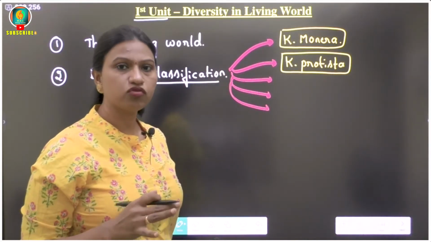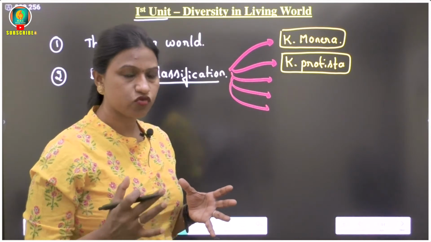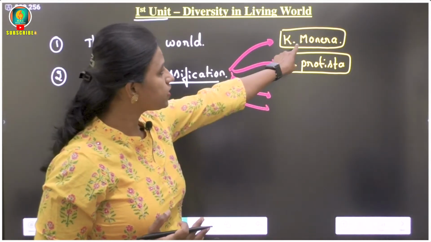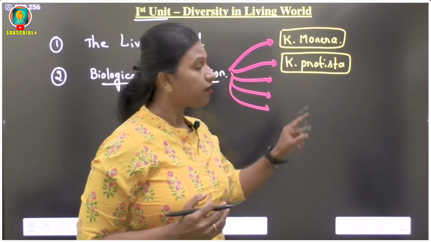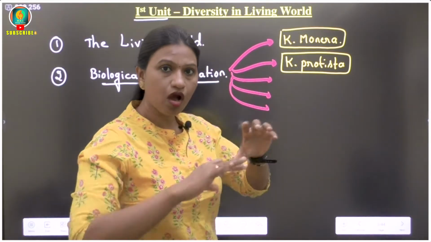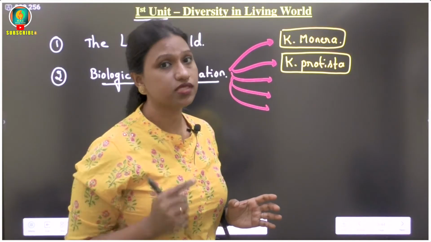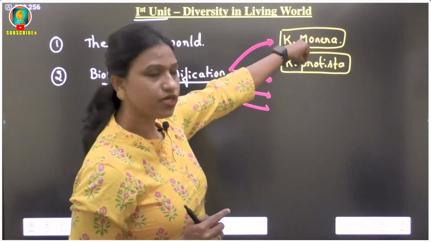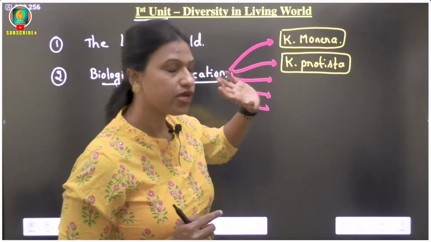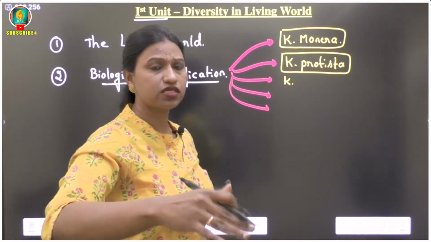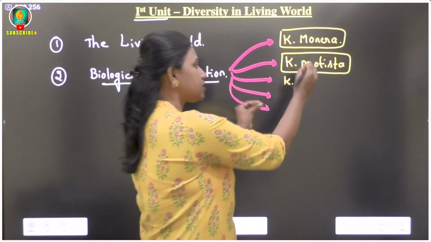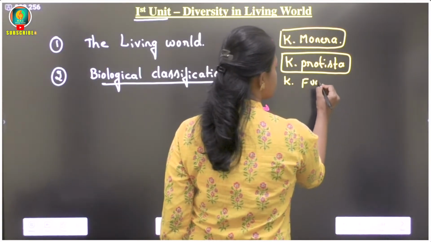You know the difference between prokaryotic and eukaryotic cells, right? In Kingdom Monera, all prokaryotic cells are placed, whereas in Kingdom Protista, all eukaryotic but unicellular organisms are placed. All fungi present in this world are kept under the kingdom called Kingdom Fungi.